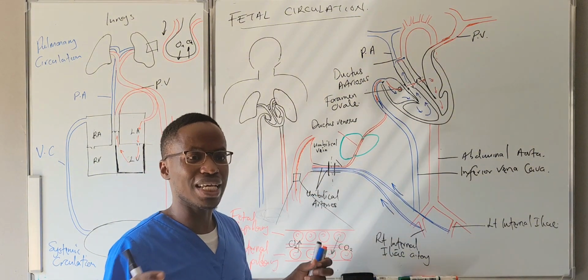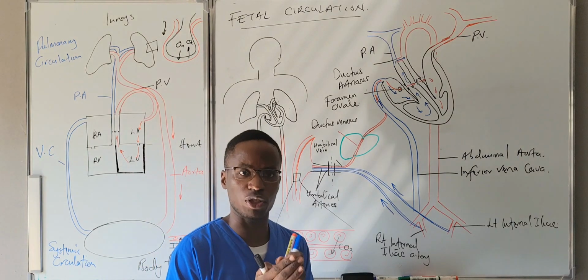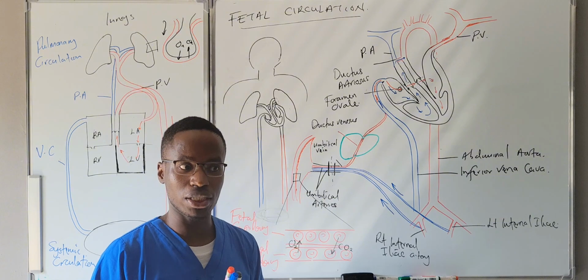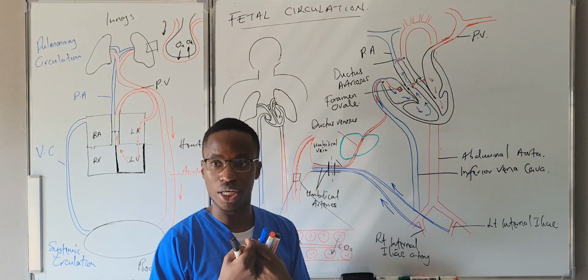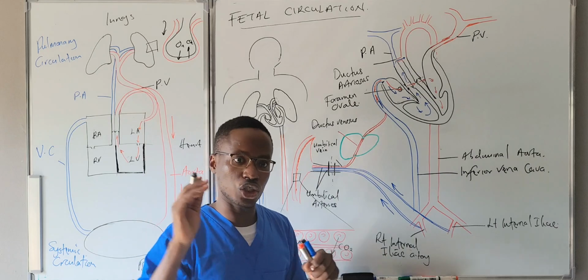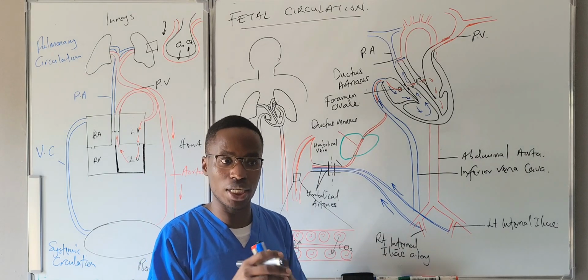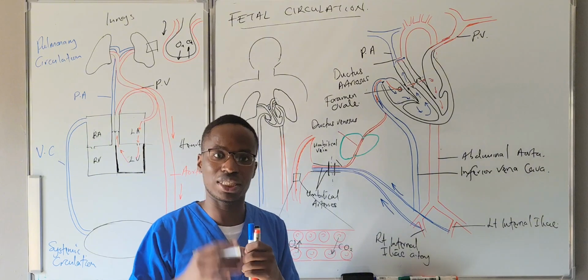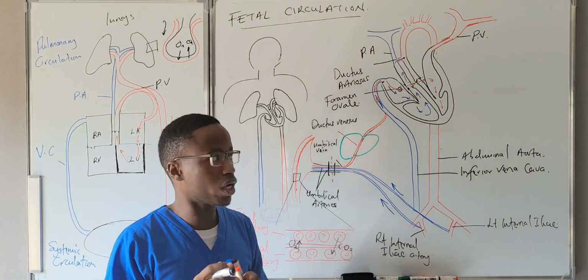So now what happens? Once the baby is born, it will inhale the first breath, the first air, and the lungs, which were deflated, will fill, oxygen starts to go into the lung, and gaseous exchange starts to occur. Now, at that moment, what happens?